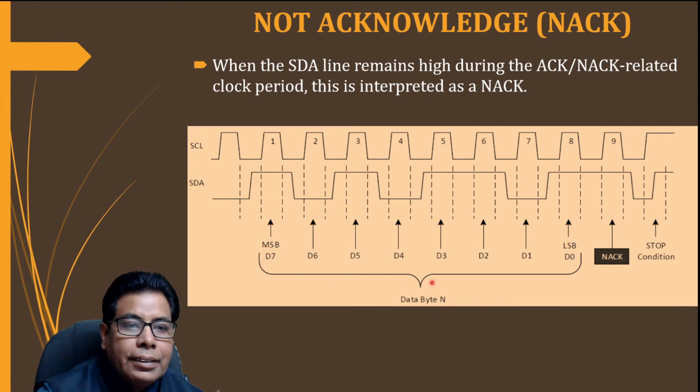When the 8-bit data is sent, first the MSB and then the LSB, the 9th period will be for the acknowledgement. Here it is high, that's why the NACK is set. If it is held low, pulled down low, then it will be the acknowledgement.